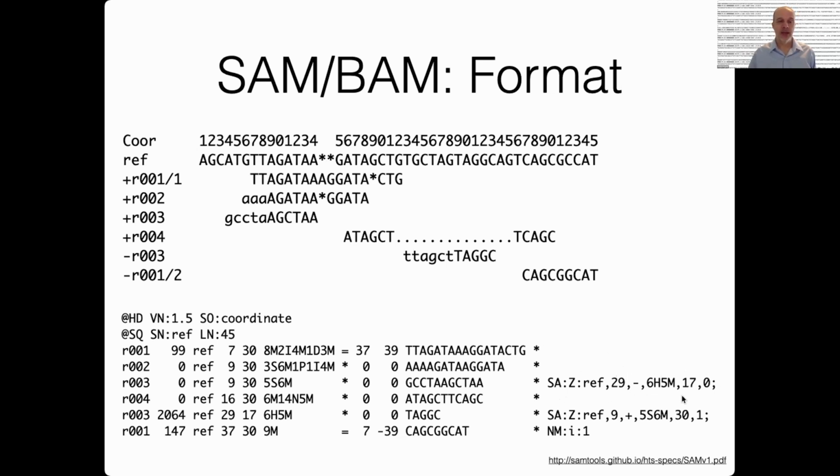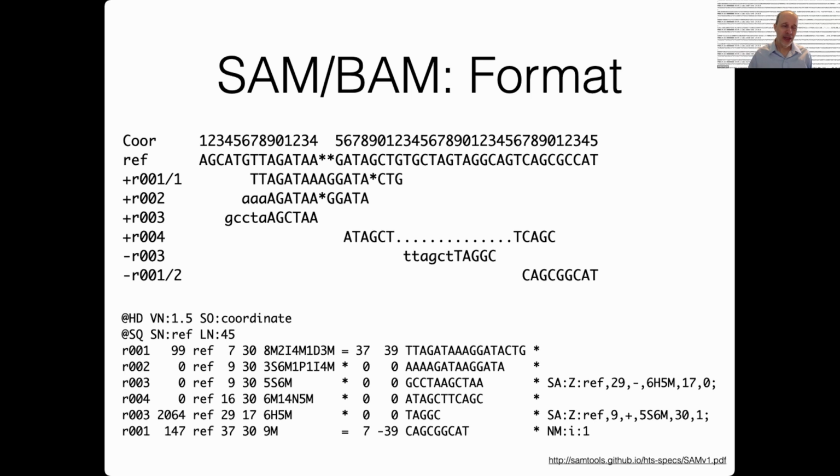So you can represent a lot of information in a SAM file that you can't represent in a FASTQ file. For example, both Nanopore and PacBio will output unmapped BAM files. So they're not going to have the chromosome, the position information, or the mapping quality. But the reason they do that is because it has all the information that the FASTQ file has, and they can add in some additional information that is useful for some analyses.